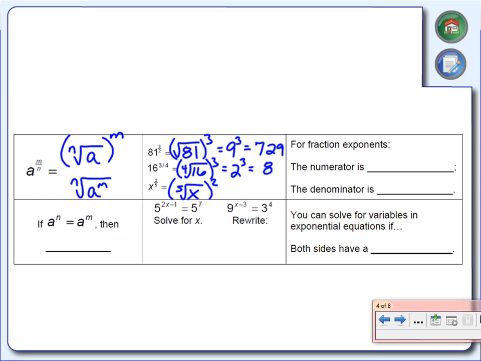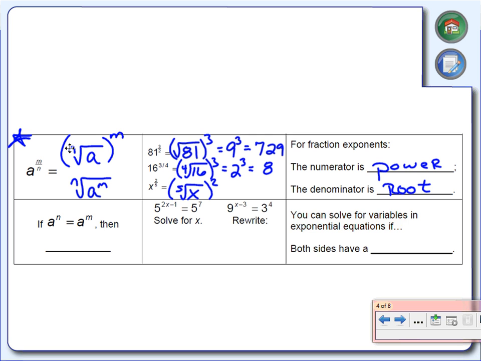So as far as your verbal description for our fraction exponents, the numerator is going to represent our power, and our denominator is going to represent our root. Top number is your power, bottom number is your root. Like I said, this is the one we're going to be working with quite a bit today. That rule we're going to use quite a bit.